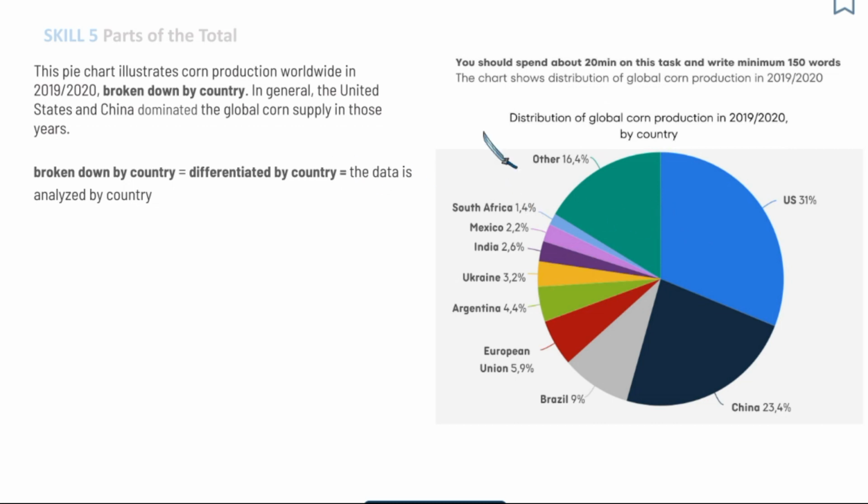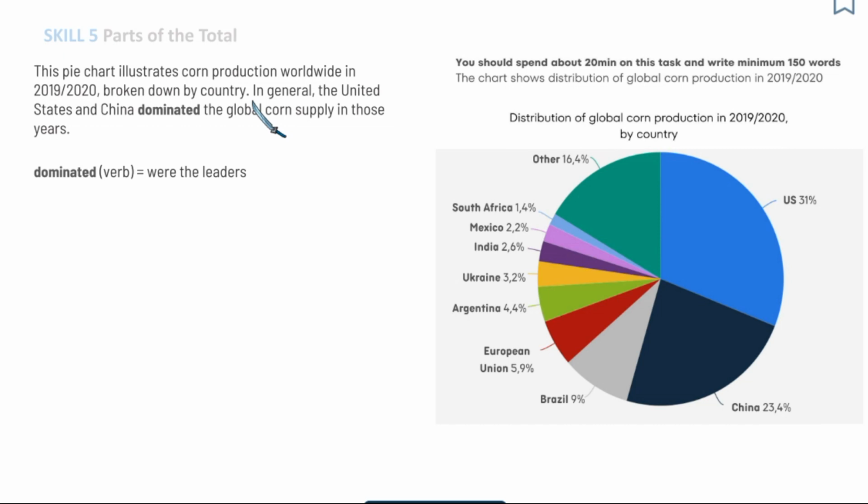If you happen to have this in your graph, then this is how you can put it in your introduction, broken down by country. So broken down by country means the data is analyzed by country. And that's really so. We have several countries and percentages corresponding to each country. So we can say broken down by country or differentiated by country.